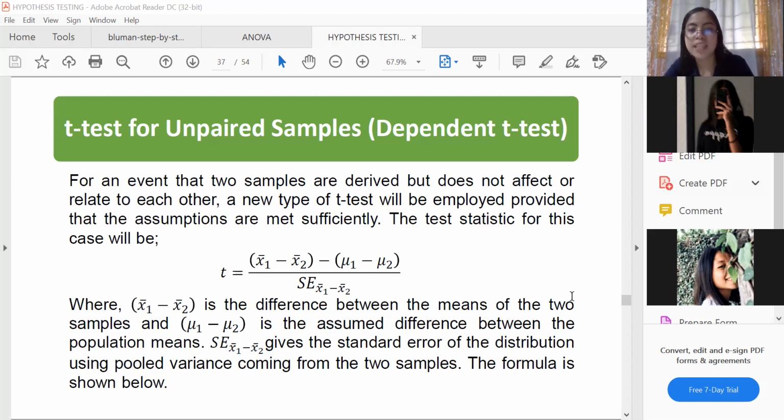But for the independent t-test, remember, the t-test is only for two populations or two groups. For example, we differentiate by gender, male and female. Is there a significant difference in their intelligence or their academic performance, or are they the same? Then you will use the independent t-test.